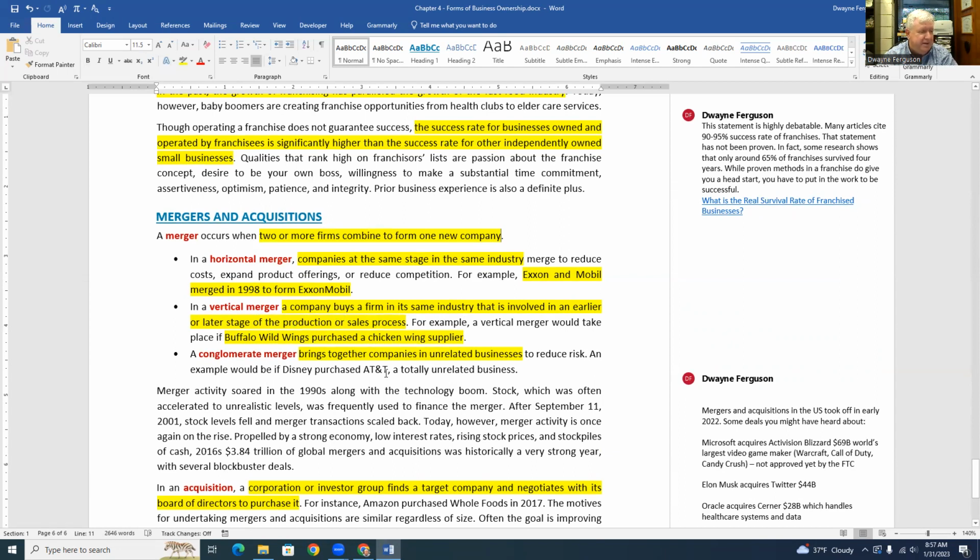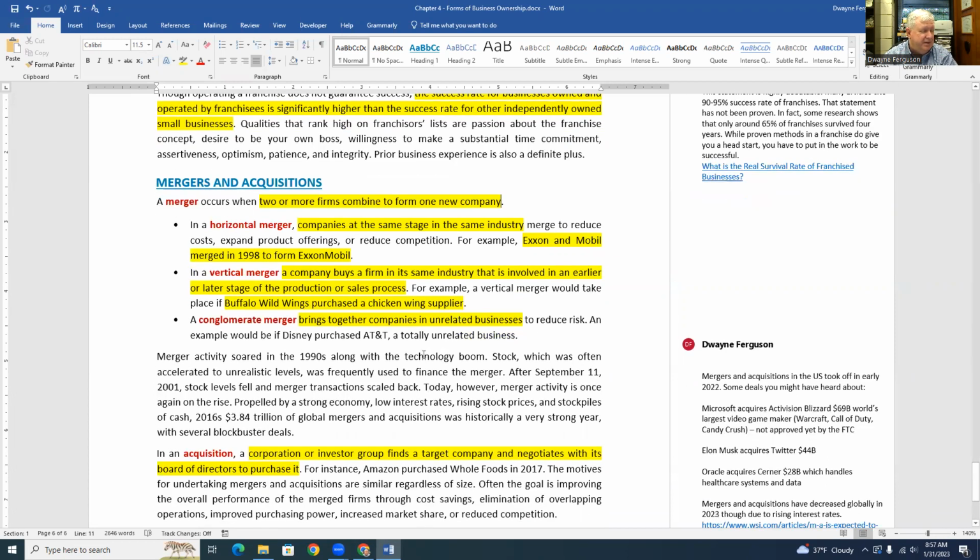And then a conglomerate, these are unrelated businesses altogether. So I put in, what if Disney purchased AT&T? Disney is in entertainment, but it's in a different kind of business than AT&T, which is over here providing internet service or wireless service or TV, DirecTV or whatever.